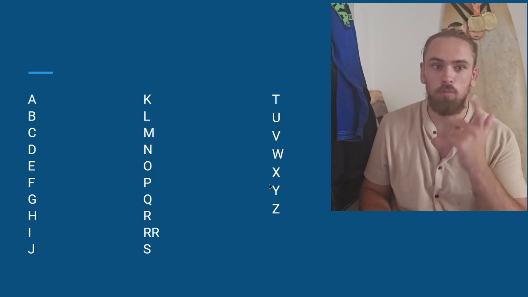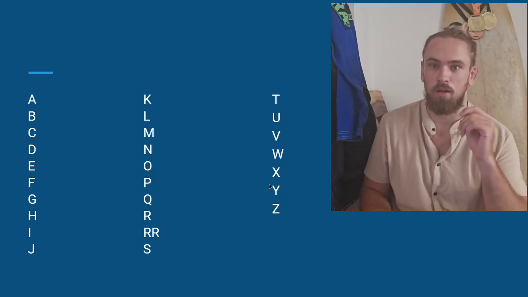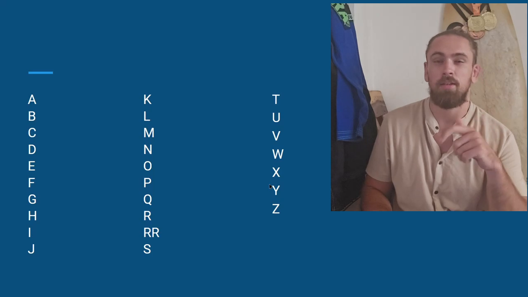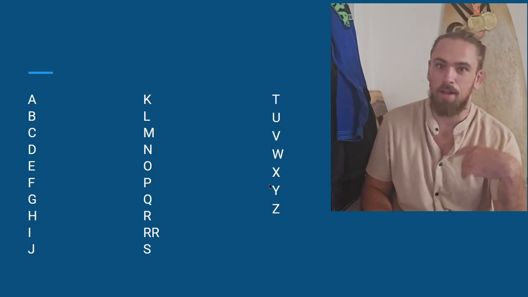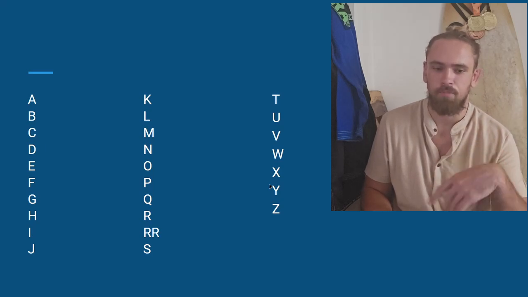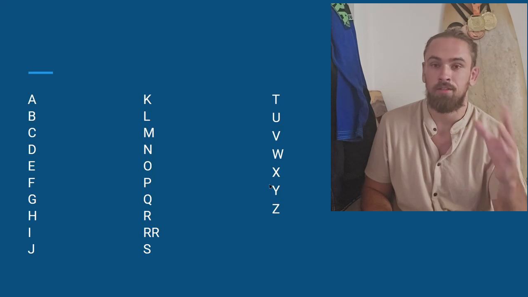And I found it helped me to put a h sound in front of it, just to get it started, right? And then as you get better at it, you can start to get rid of that h sound and just make it r, right? R, right? S, T, U.